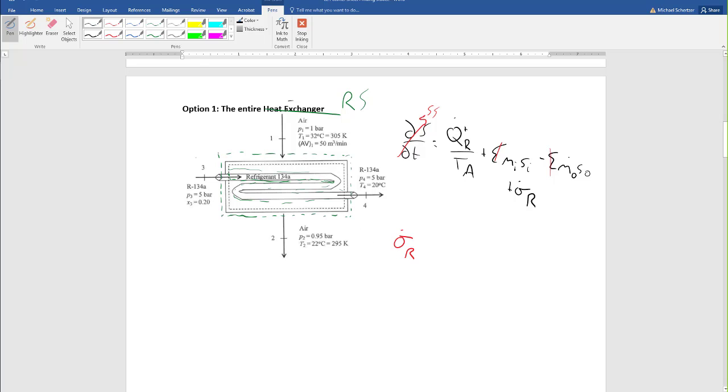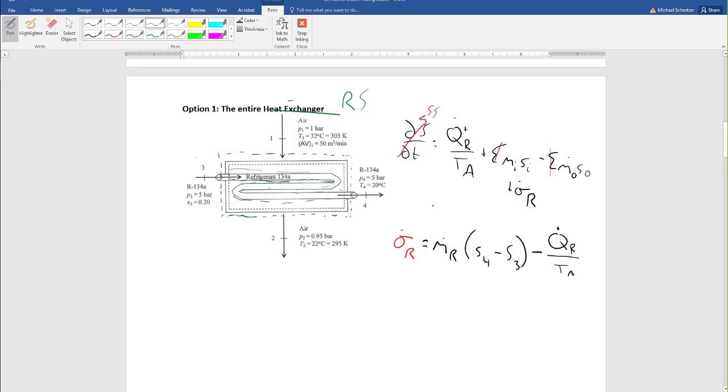It's going to look like the other one, it's just now we're on the refrigerant side. So this is going to be m dot of the refrigerant times S out, which is S4, minus S in, which is S3, minus Q dot on the refrigerant side over temperature on the air side. And now here the roles are going to be reversed.